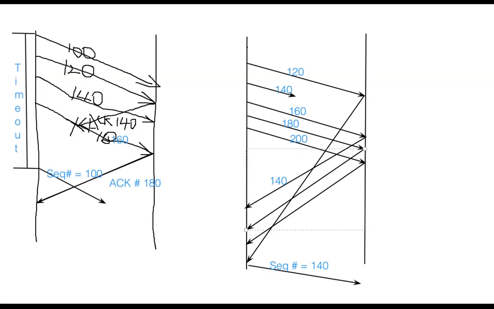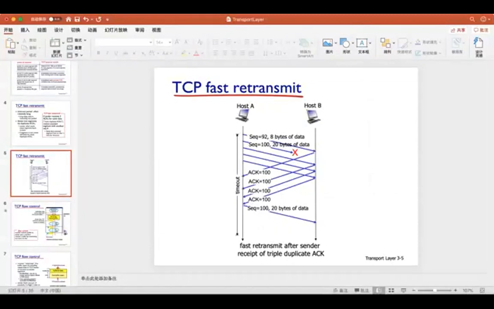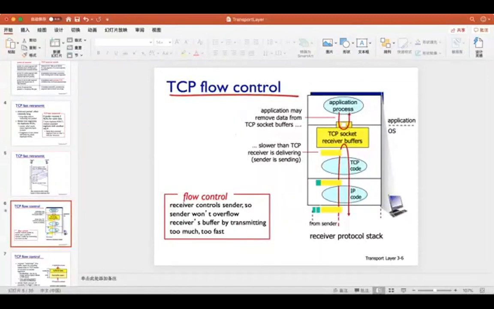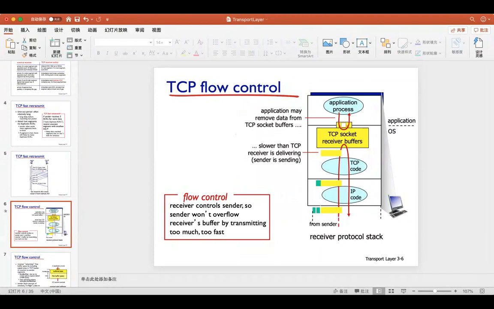Okay, so we move forward from retransmission to flow control. I will share the screen with the flow control. Flow control is very easy, just 2 or 3 sentences can finish it.